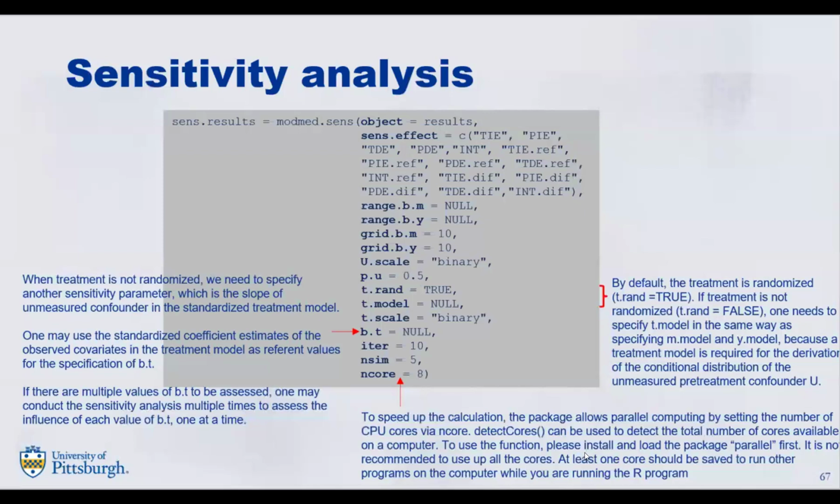To use the function, you have to install and load the package parallel first. If you don't have this installed on your computer already, because it may take time, you may just specify cores equals 3 to be safe. I think most computers have at least 4 cores, so you can specify it to be 3.